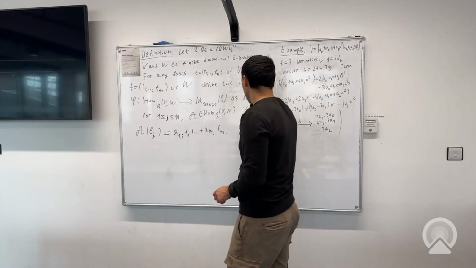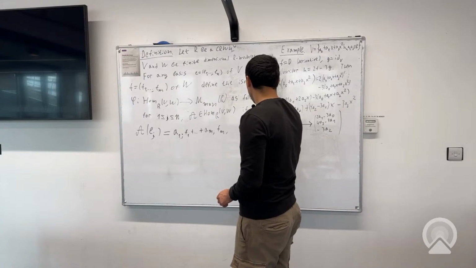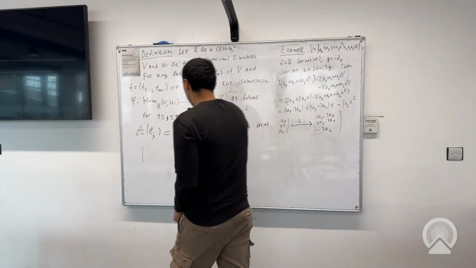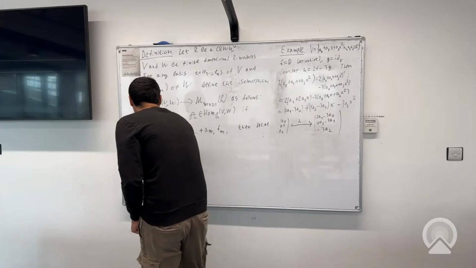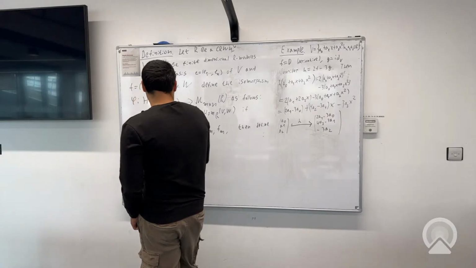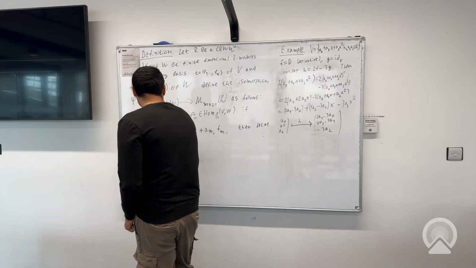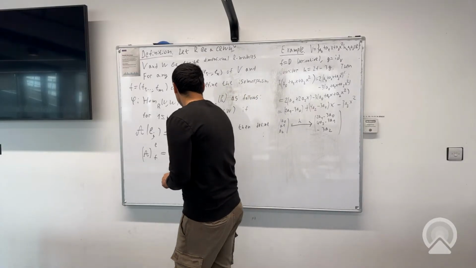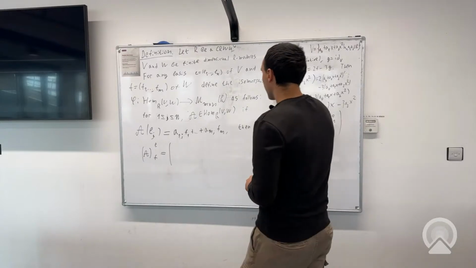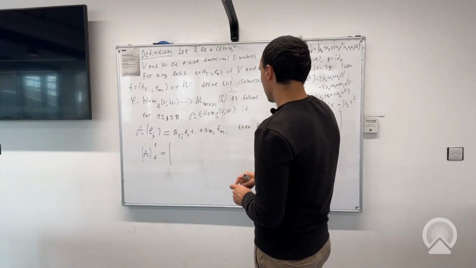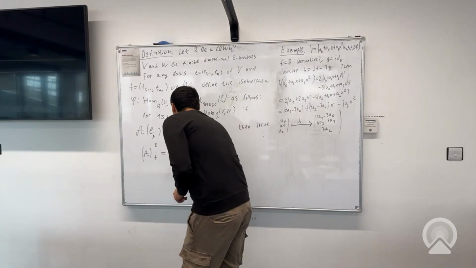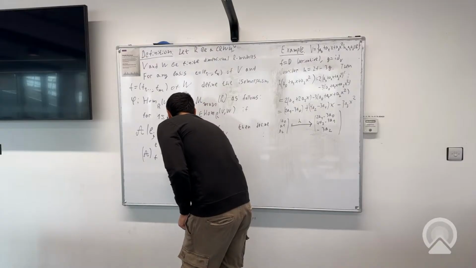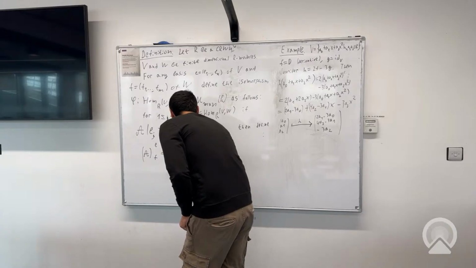Then define the following. This should be an m times n matrix, with entries a11, am1, and so on up to amn.